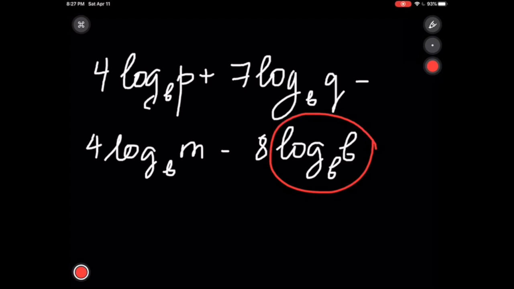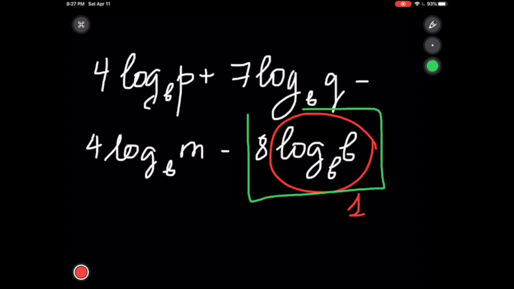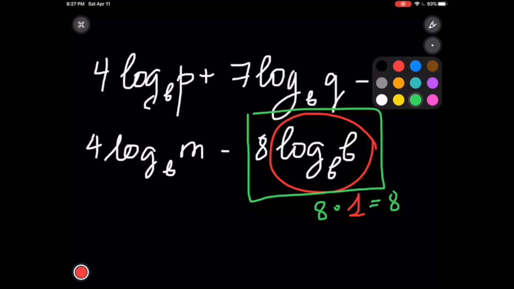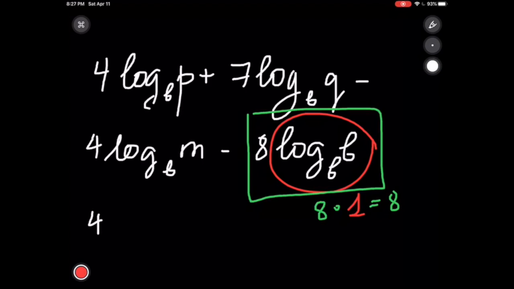Log base b of b is equal to 1. So when you multiply this 1 by the 8 that's in front of it, you will have an 8. Here is the final answer.